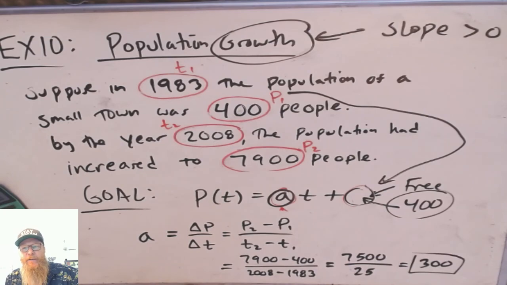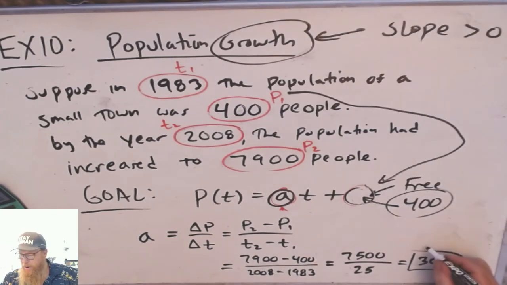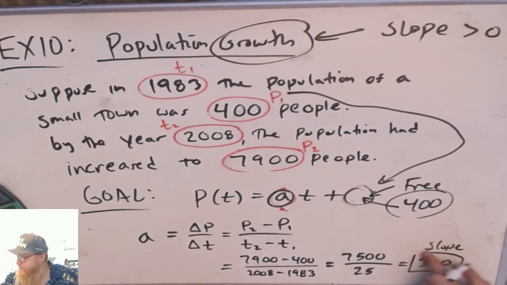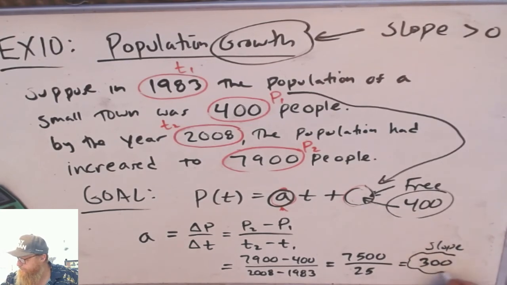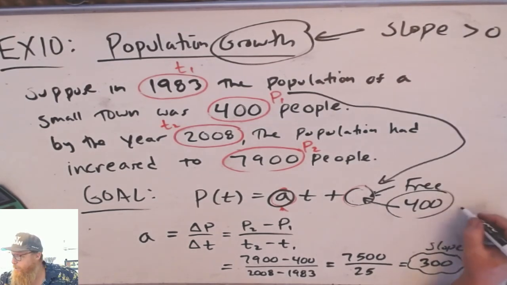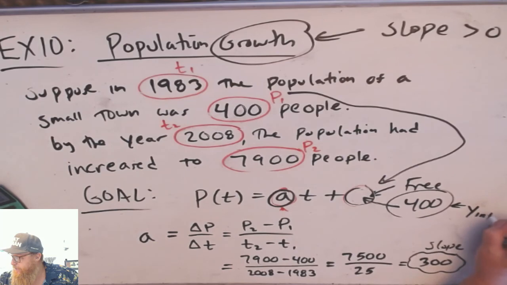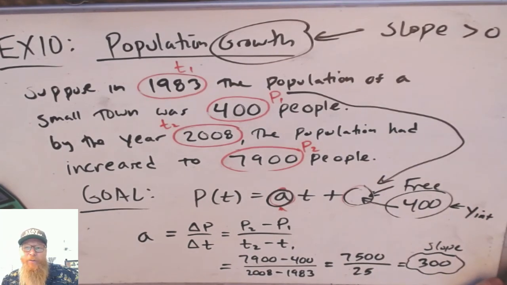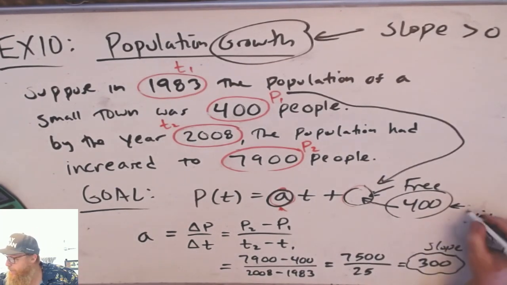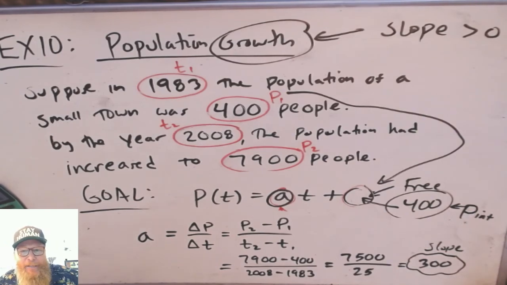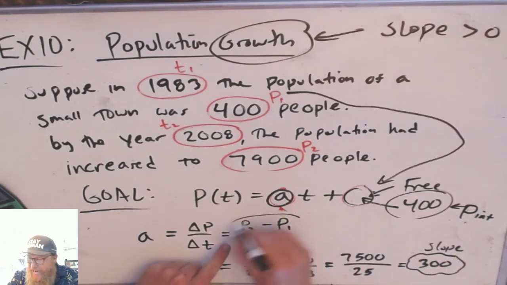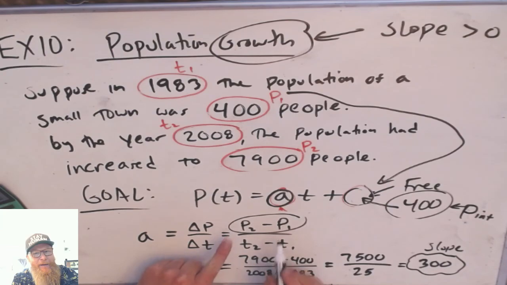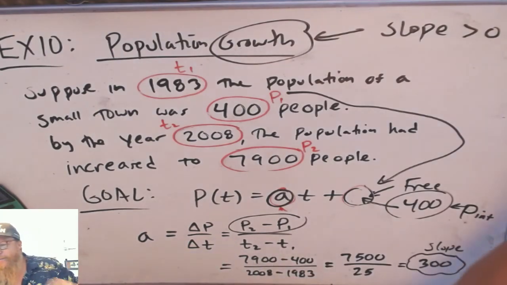All right. So this is the slope. It's not the answer. I really shouldn't be boxing it yet. All right, and then this is the y-intercept. Although it's not really the y-intercept, it's technically what we call the p-intercept, right? Because p is acting like y, yeah, and t is acting like x.